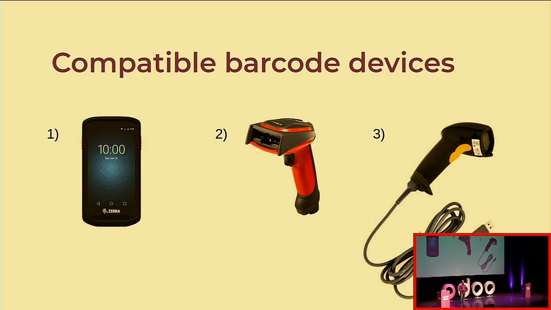It's basically a mobile computer with scanner capacity, so you can install applications on it because it has an operating system such as Android or Windows. And of course, you can access Odoo on this mobile device. It's really convenient because you can use this device anywhere in your stock, anywhere in your inventory, as long as you have good enough Wi-Fi coverage.